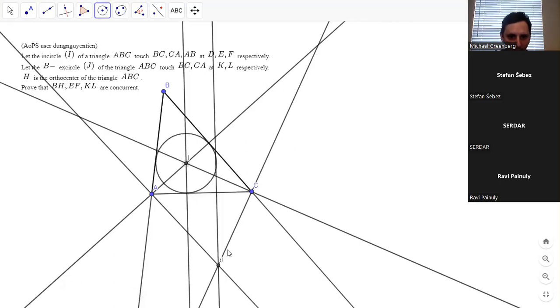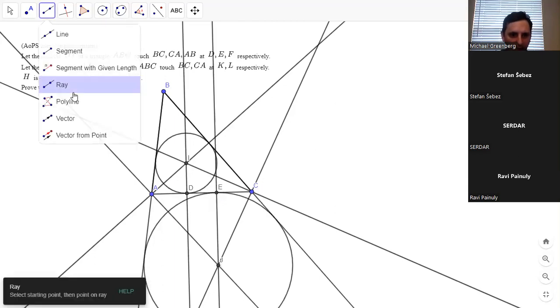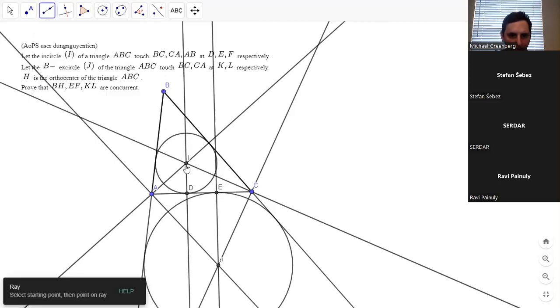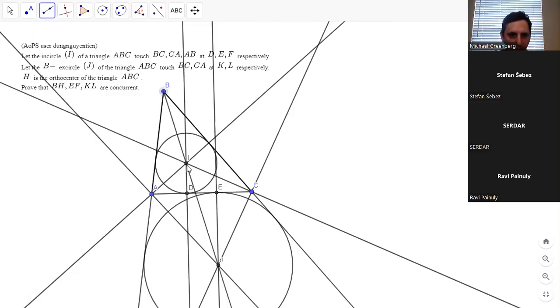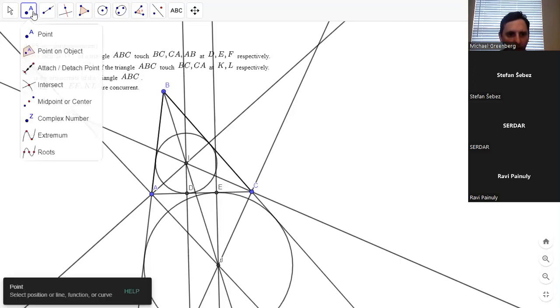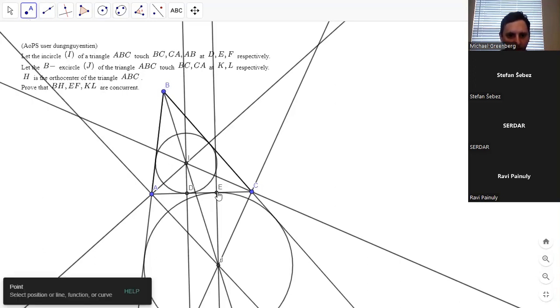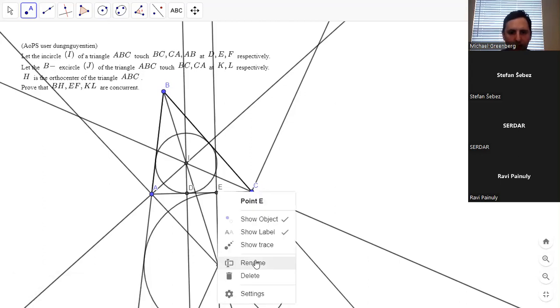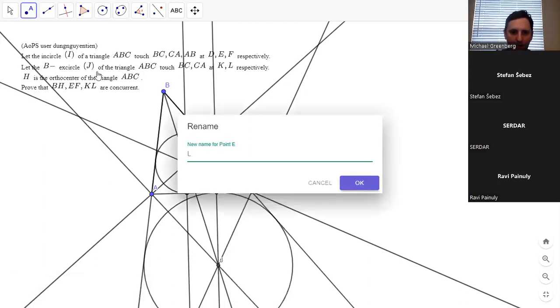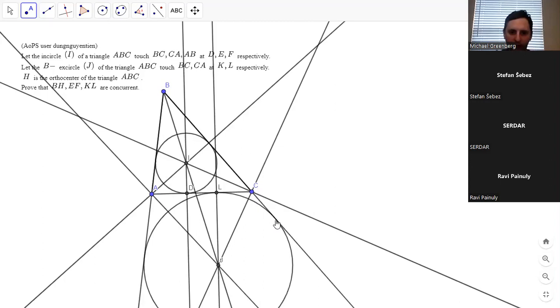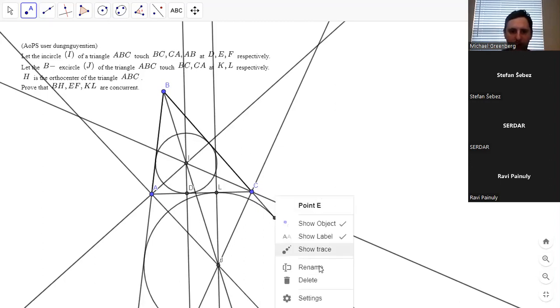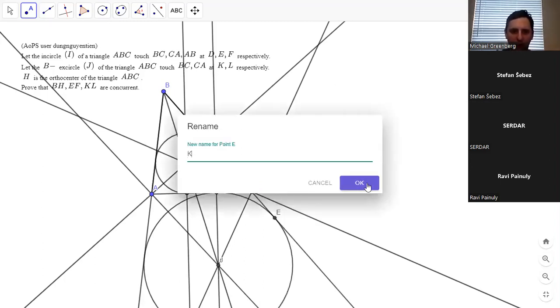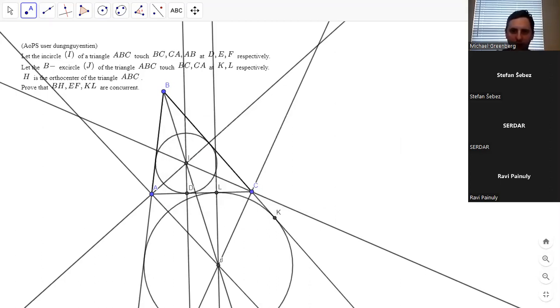Through that point, AI and J are collinear. And it touches BC and CA. Okay, so we want this to be L, and this should be K. And then H is the orthocenter of ABC.